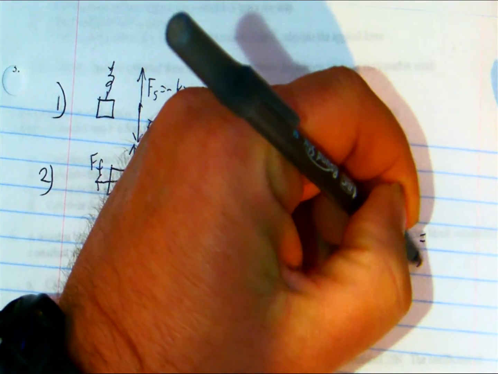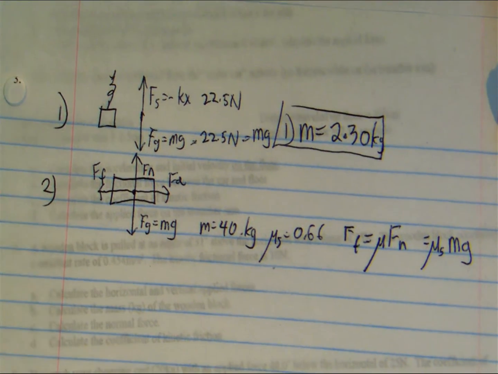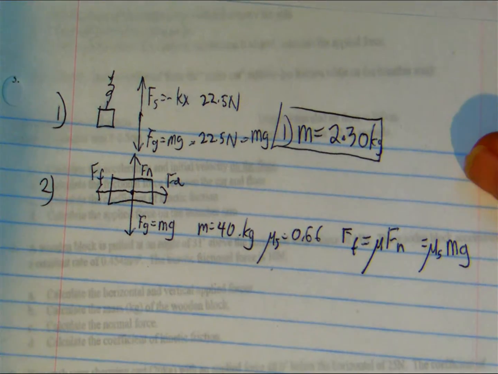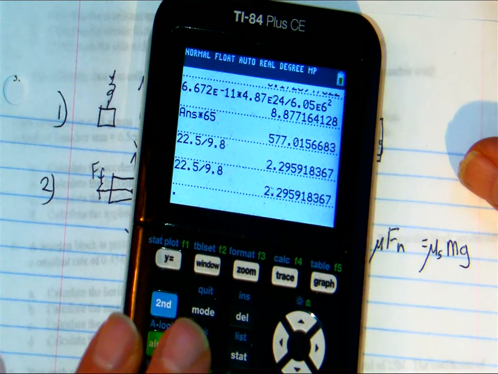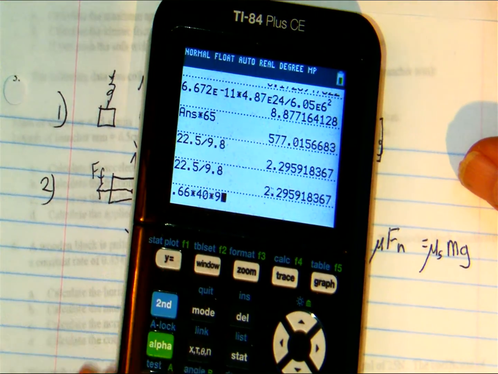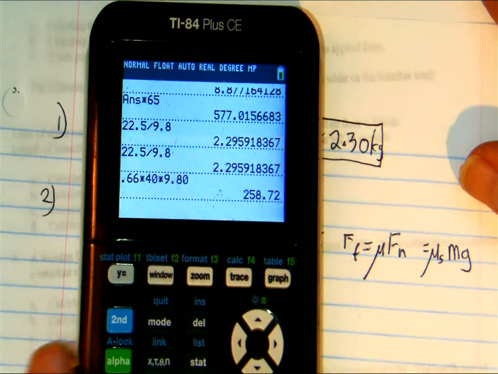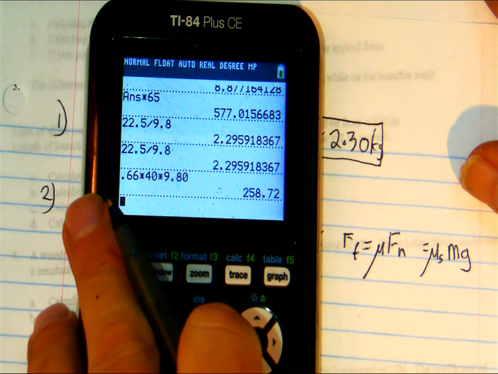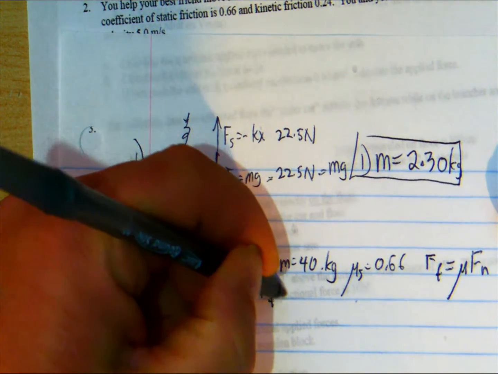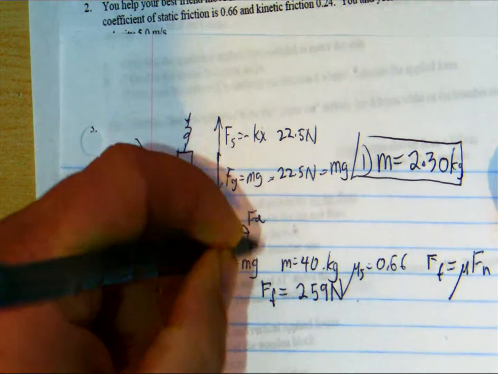So if I multiply the coefficient of static friction times the weight, I will have the maximum amount of static friction. The coefficient of friction was 0.66. The mass of the sofa was 40 kilograms. This takes place on planet Earth, where the acceleration due to gravity is 9.80 meters per second squared. And my calculator says I get 259 newtons as the maximum force of friction.